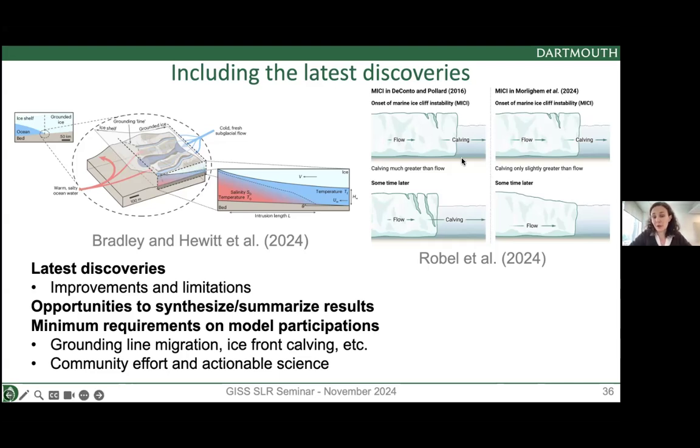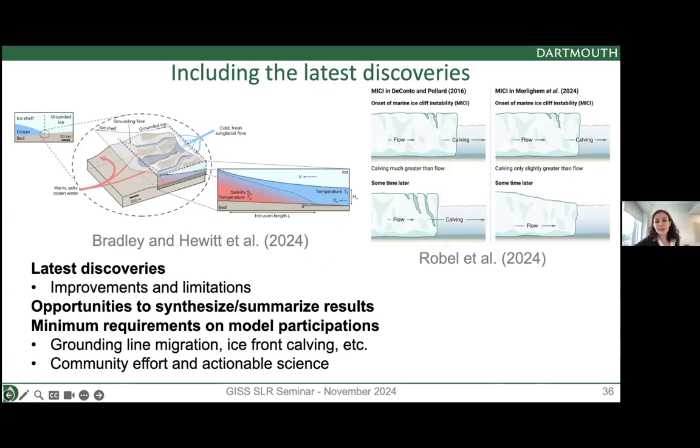And then there was a paper published over the summer by Mordigam et al. showing that, depending on how you include it, the marine ice cliff instability might not have favorable conditions to appear for a long period, because as soon as cliffs develop and some collapse starts, you also have the viscous deformation of ice, and that ice starts flowing a lot faster. With this viscous flow it starts thinning, and therefore these conditions could be short-lived.